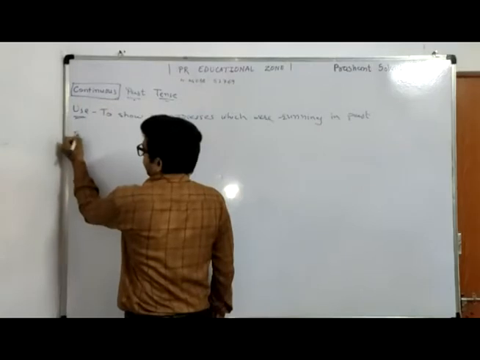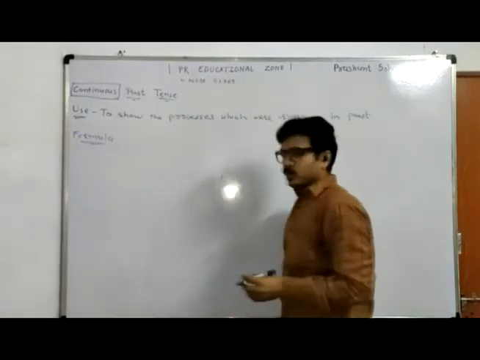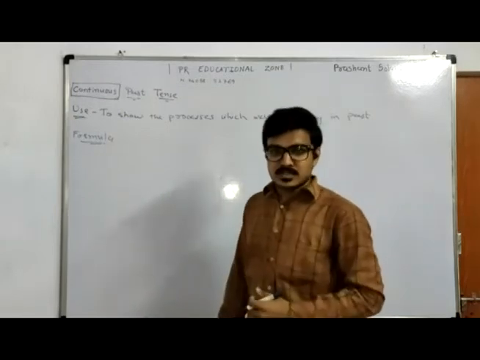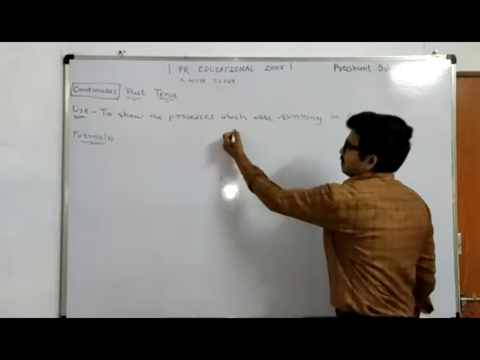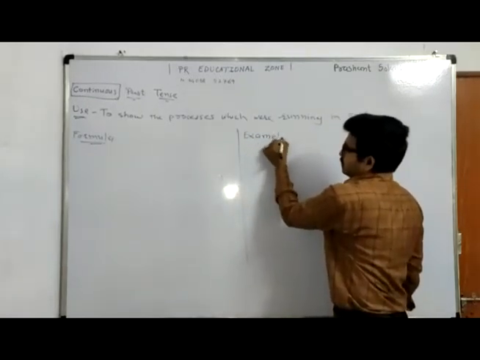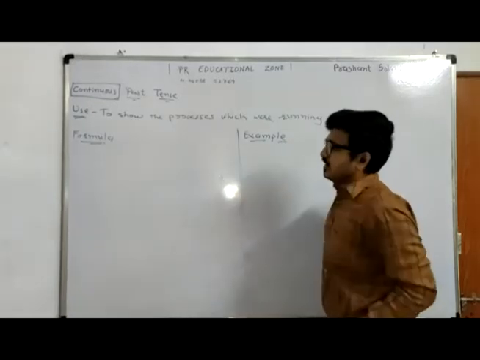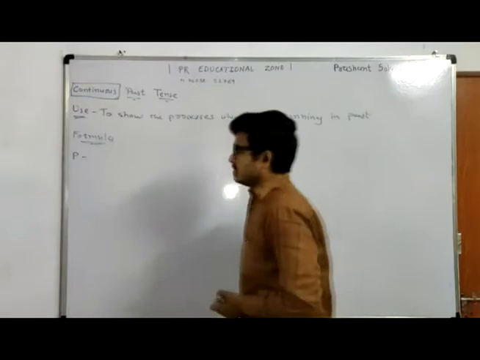Now, first we are going for the formula. It is a general formula for all past continuous tense sentences. And here we are going for the example, so by taking both, you can clearly understand that. First of all, we are going for the positive sentence.